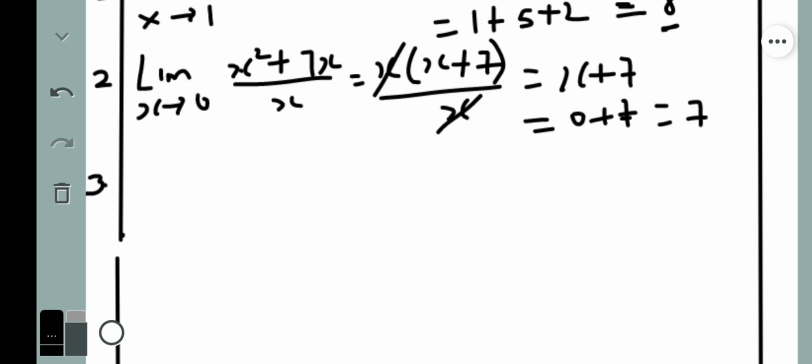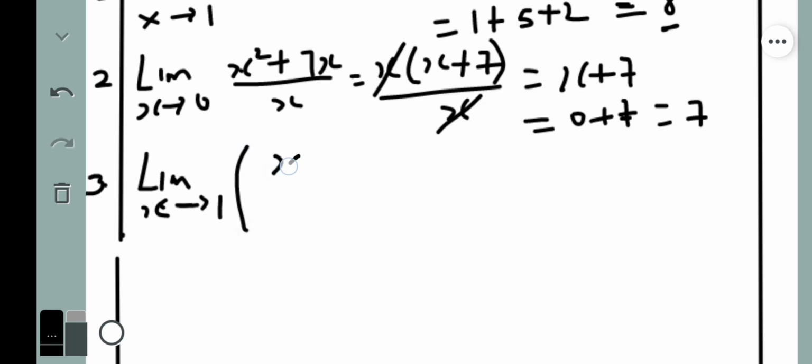For example 3, let's look at another slightly more complex example. Let's say we have the limit as x tends to 1 of a function.